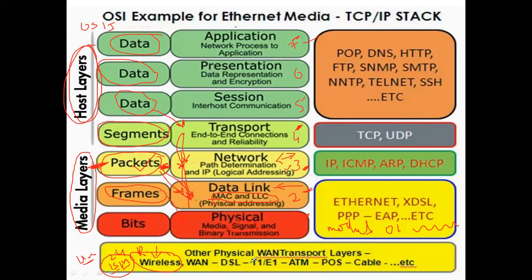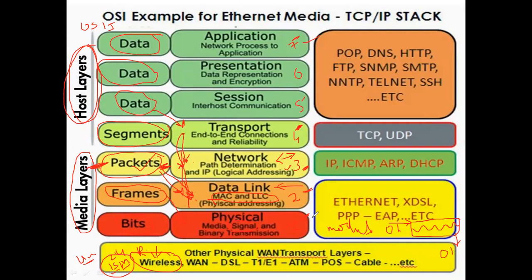Now wired is further segregated into fiber optics, coaxial cables, or normal Cat6 cable, category 6 cable, which talks about how we are going to transmit the signals, electrical signals or analog signals, this digital data. And on the receiving side, again this signal needs to be converted into zeros and ones.